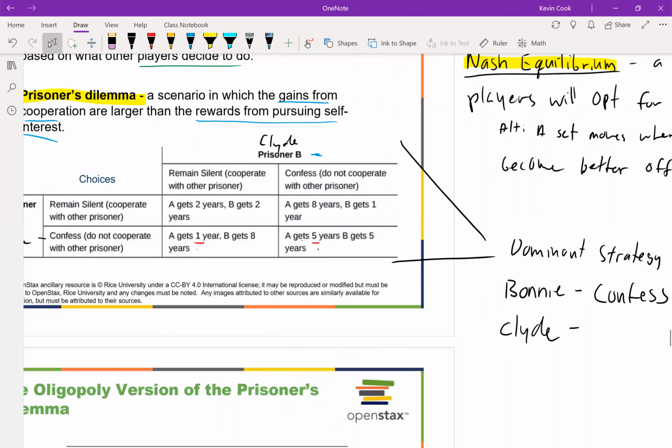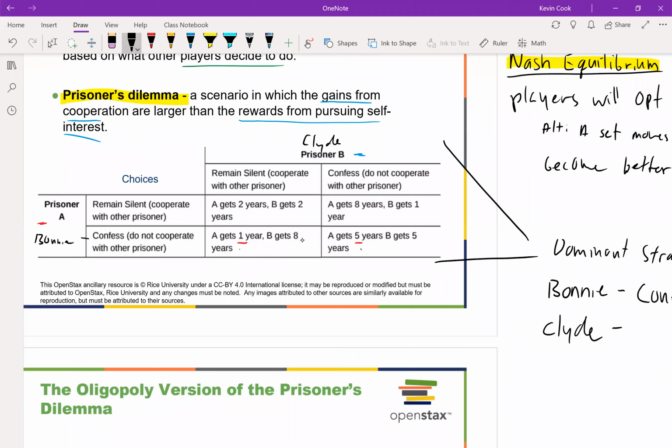And similarly, if we look at it from Clyde's perspective, I can start out and say, well, what happens if I know that Bonnie is going to remain silent? In which case I'll not worry about the confess state, but just worry about this one. I have a choice between either 2 years in prison or 1 year, in which case, again, I'd rather go to prison for 1 year than 2 years.